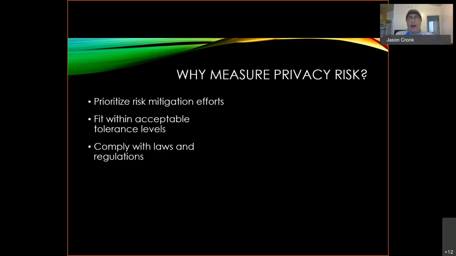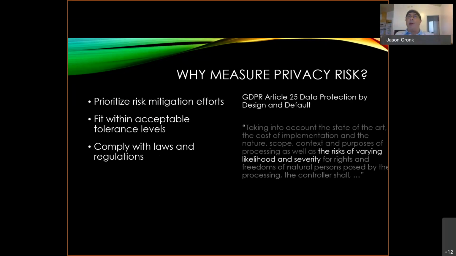And then, of course, there's the old backup of complying with laws and regulations. Maybe you're familiar with Article 25 under the GDPR, which is data protection by design and default. I just finished reading an interesting article by law professor Ari Ezra Waldman, where he talks about how Article 25 has practically no meaning, that it basically says do the rest of the stuff in GDPR.